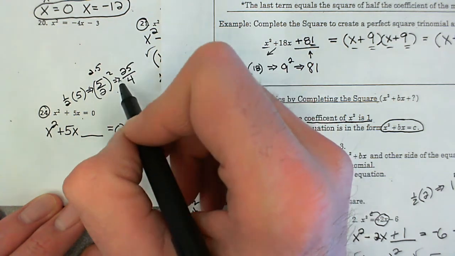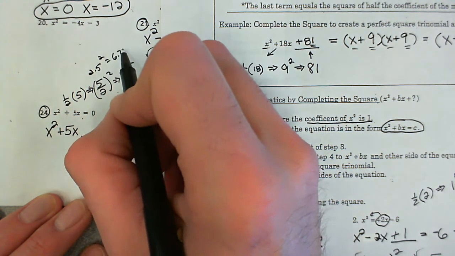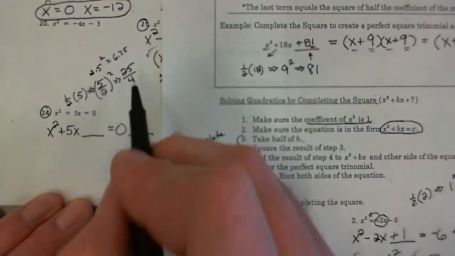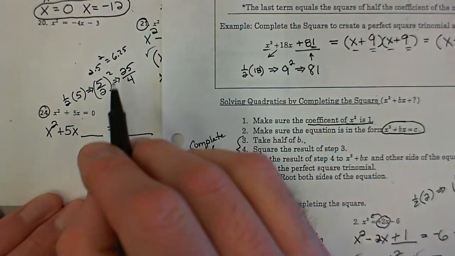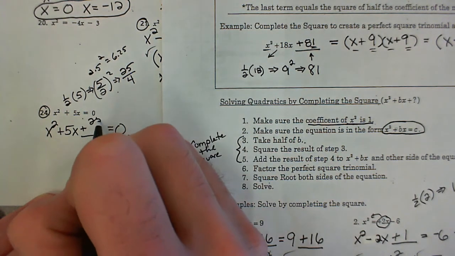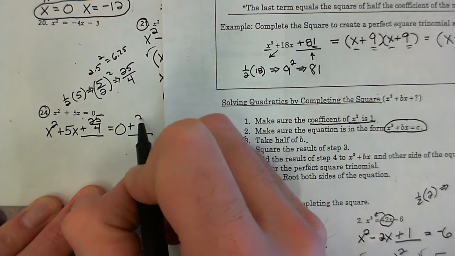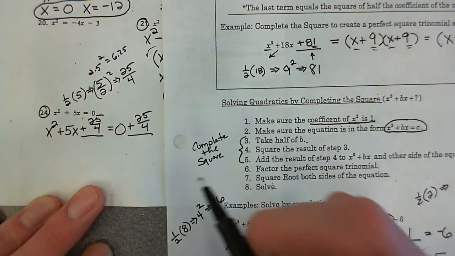So that's 25 fourths. Now if you write it as a decimal, 2.5 squared is actually 6.25. Okay? I'm going to write it as 25 over 4. So this is plus 25 fourths. And if you add 25 fourths to one side, then you have to add 25 fourths to the other side.